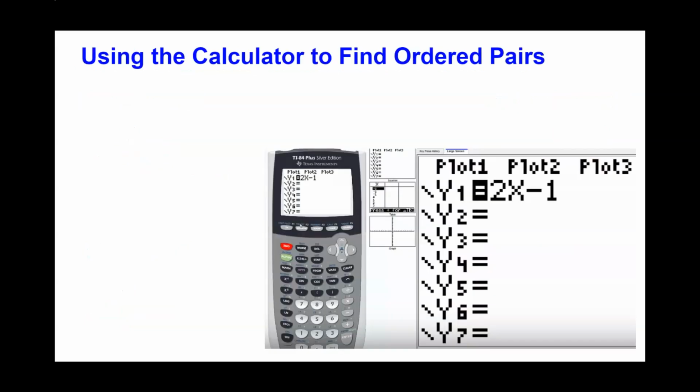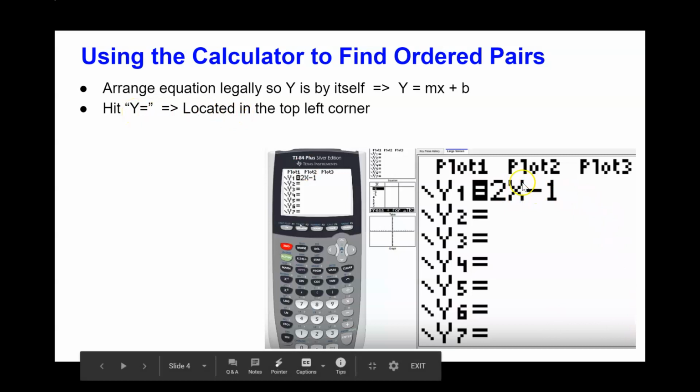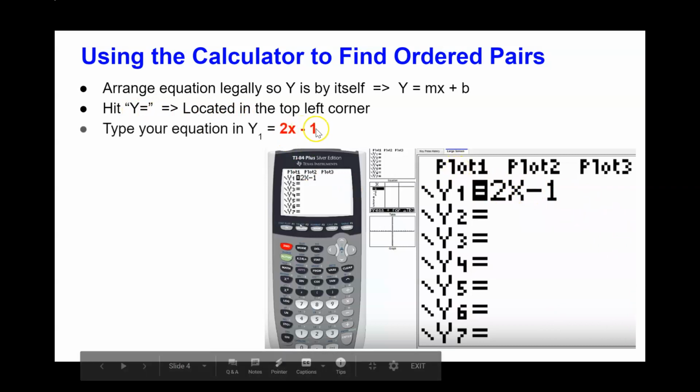Once you have your ordered pair, your equation set equal to y, we can hit Y in the top left-hand corner of our calculator and put in the equation. In this one, I gave you an equation of just 2x minus 1 as an example.